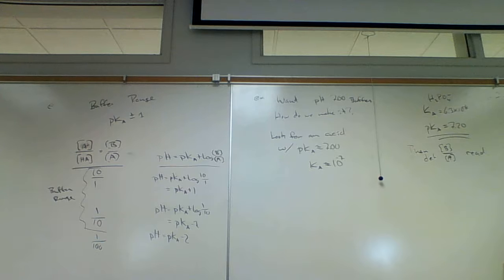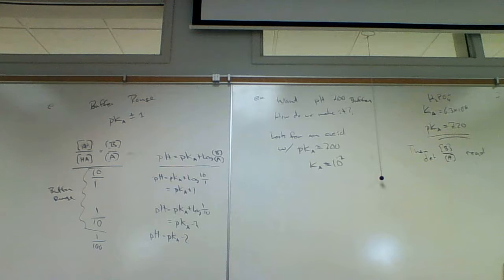The ratio of HPO4 2 minus to H2PO4 minus, in other words the log of base to acid, is going to equal 10 to the minus 0.20. I just skipped some steps and took the anti-log. So I subtracted 7.20 from both sides and then took the anti-log of that.